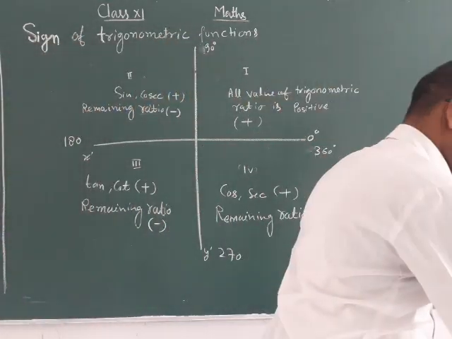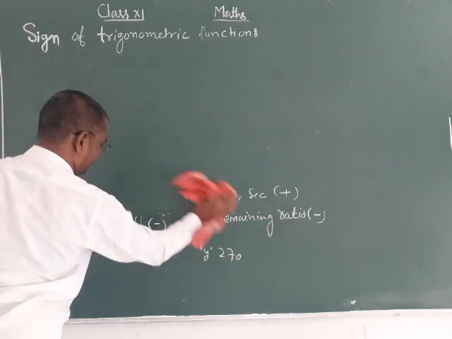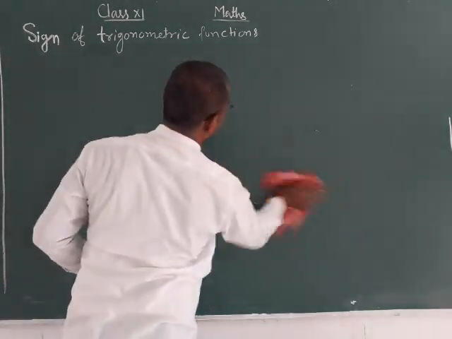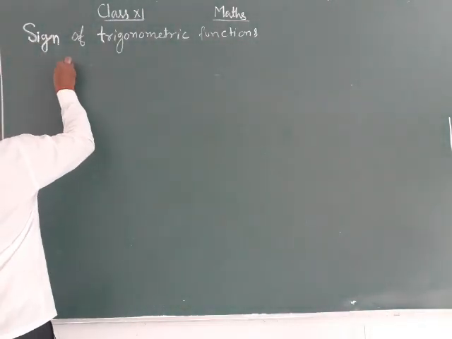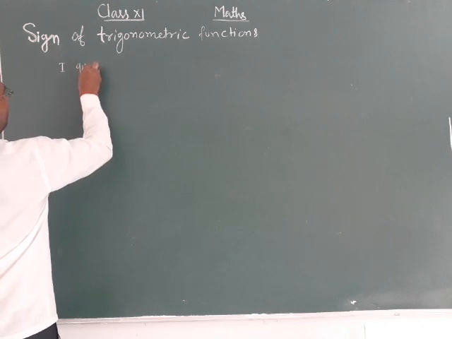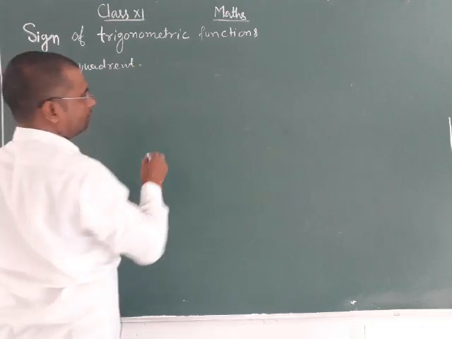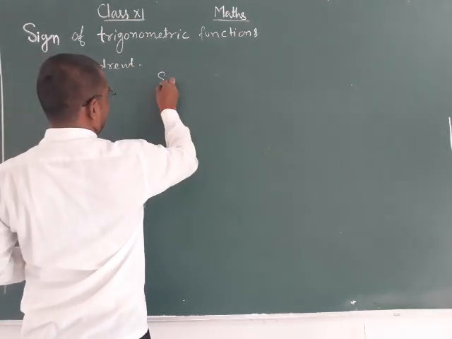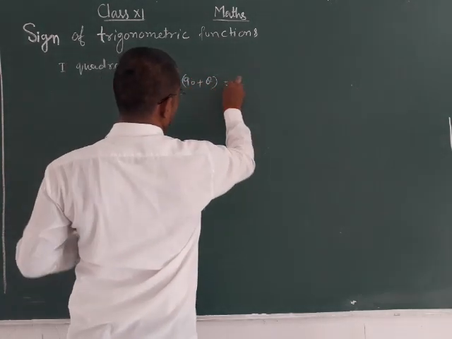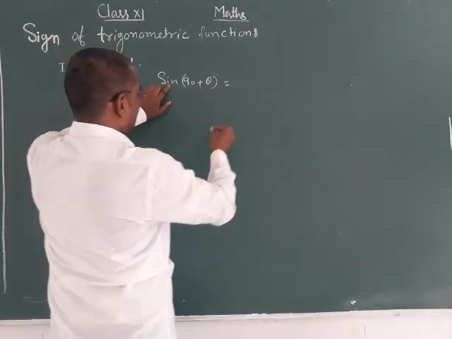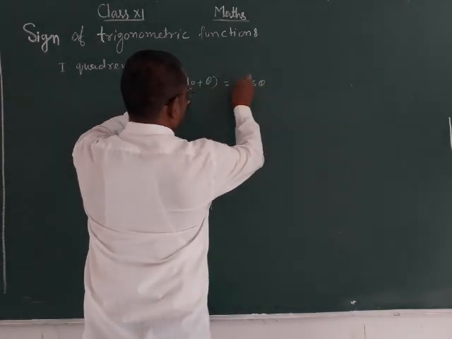Now discuss the angles of ratios of trigonometry. So first quadrant: sine of 90 plus theta is equal to cos theta, positive.